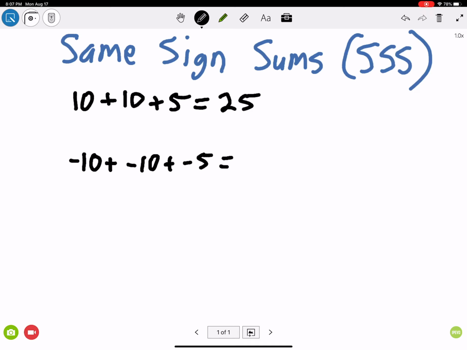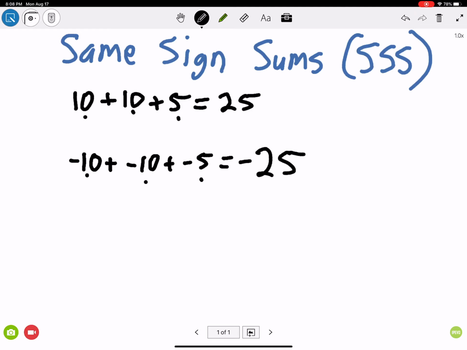Well, I could think about it as taking the absolute value of all of these. The absolute value of negative 10 is 10, the absolute value of negative 10 is 10, the absolute value of negative 5 is 5. Well, 10 plus 10 plus 5 we already solved is 25, and since they all have the same sign, we keep that sign, and it is negative 25.